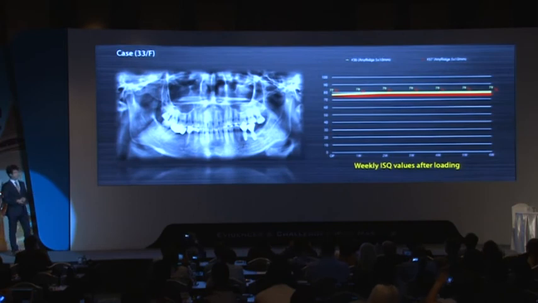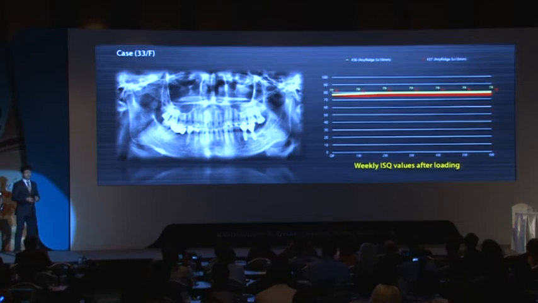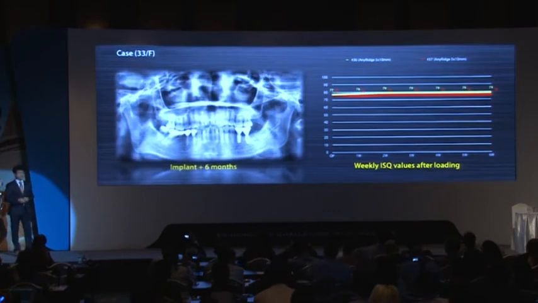Look at the red line. Surprisingly, ISQ values were very stable with time, even in immediately placed and immediately loaded implants. And the implant showed a favorable result during the follow-up period.